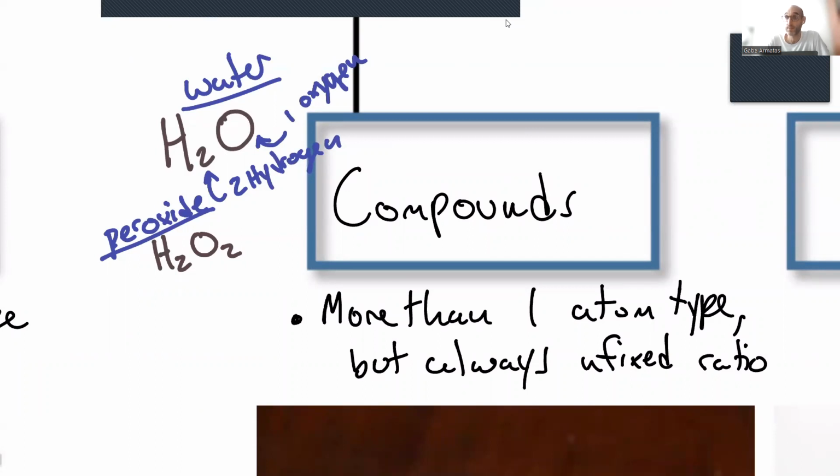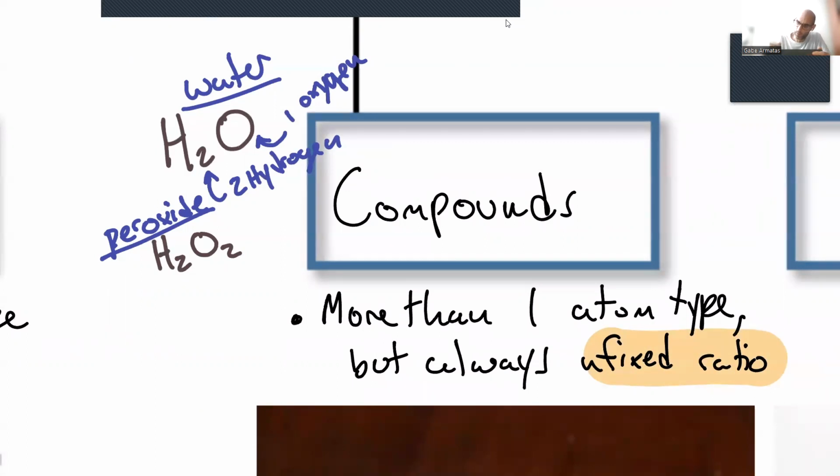Peroxide can be explosive in pure form. Water is completely inert and totally fine. Peroxide you would never drink. Water you drink to sustain life. Any small variation can change what a compound is, but in the end a compound is always going to be a fixed ratio. As soon as you change it, you've changed what it is.